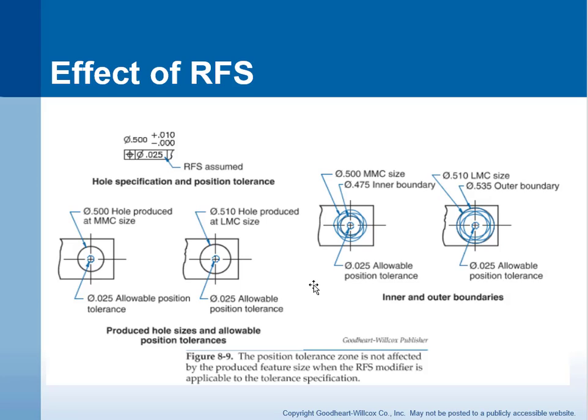Okay, so the tolerance does not change with the manufactured size of the hole. That is the effect of RFS. And it becomes a little bit more tricky to check versus our MMC condition.